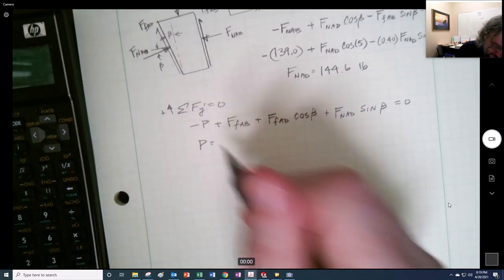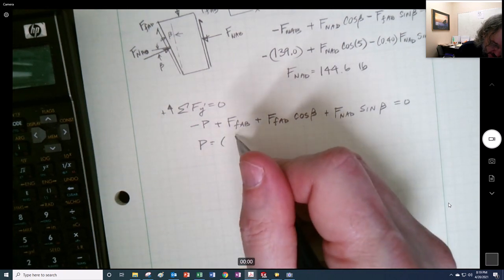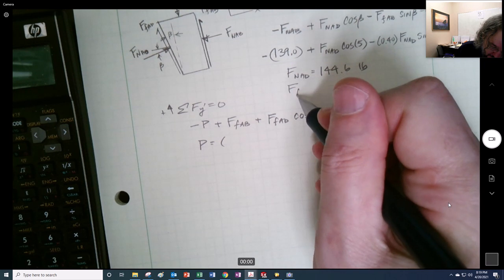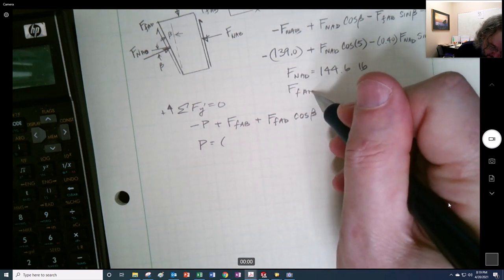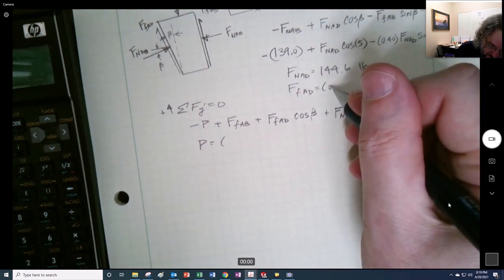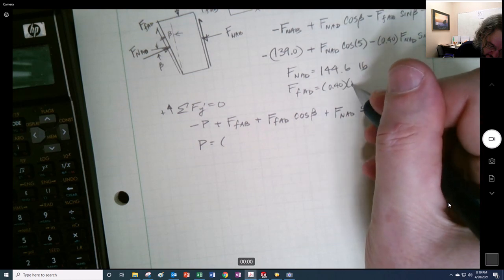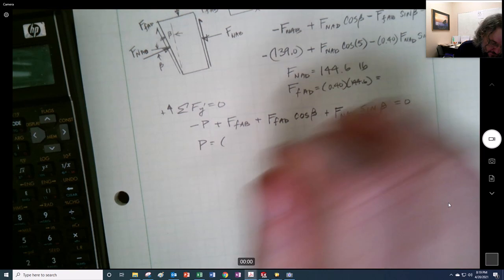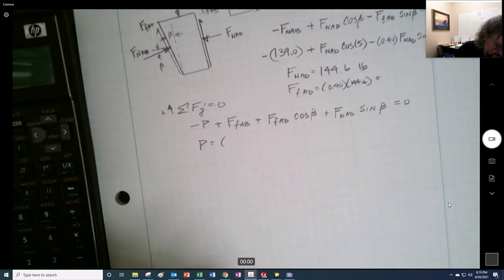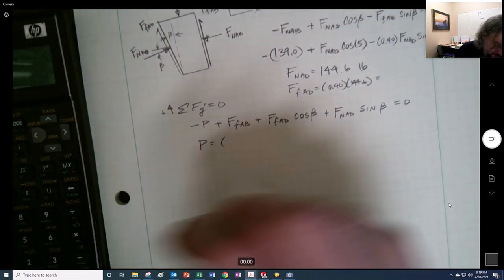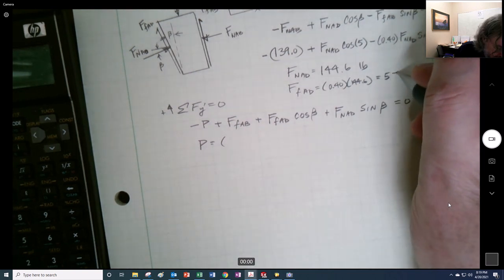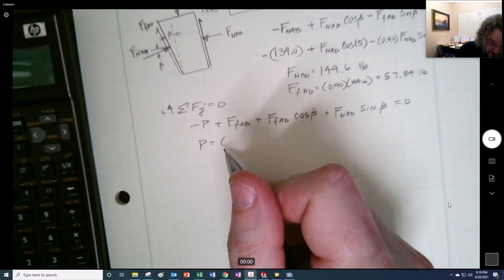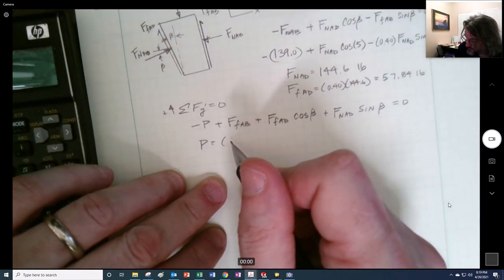So P is going to be FFAB. Oh, by the way, we could figure this out right here as an interim step. 0.4 times, I get 57.84 pounds.